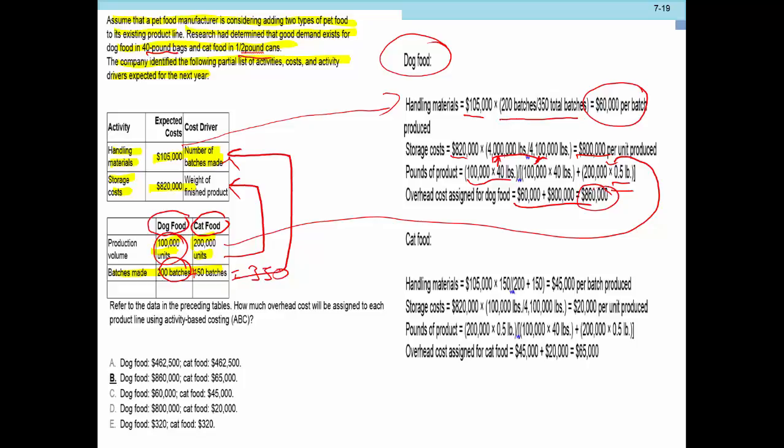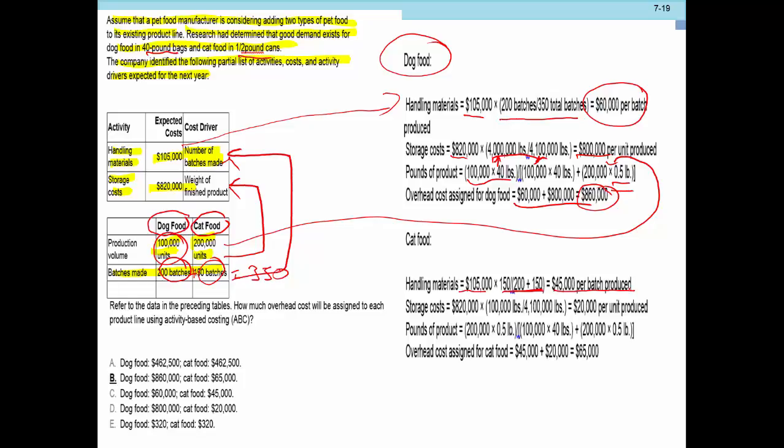Now, if you're taking the test, one thing you could do at this point is say, whatever I've assigned to the dog food of the cost per activity, the difference between that and the total is going to go to the cat food, isn't it? That's another way of solving this. But if you just go through and do it the way they're talking about here, we're going to pick up the 105,000, and the cat food constitutes 150 of the total 350 batches, right? So 45,000 goes to the cat food.